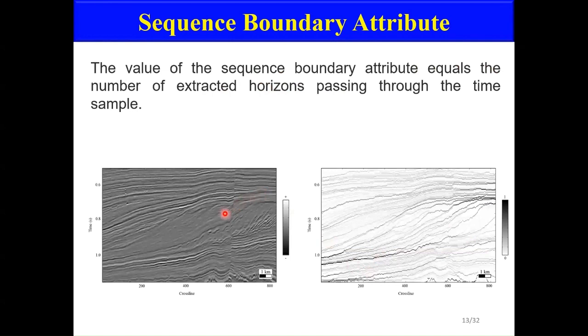Here is another example of the seismic and the corresponding seismic sequence boundary attributes. Based on the seismic sequence boundary attributes, we can define the systems tracts much more easily than before.